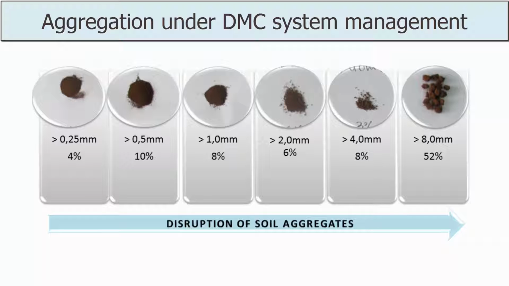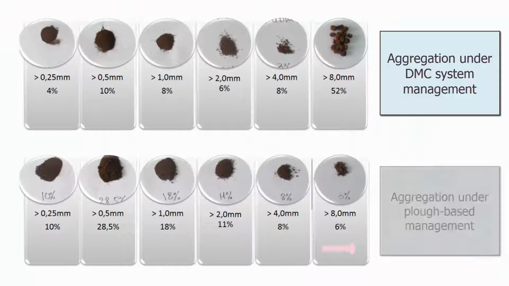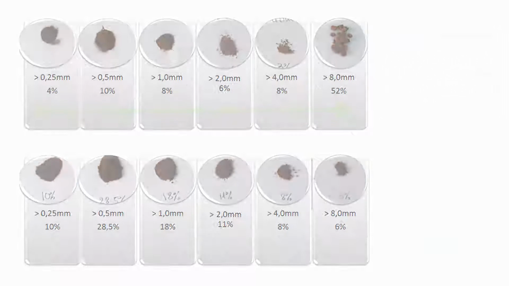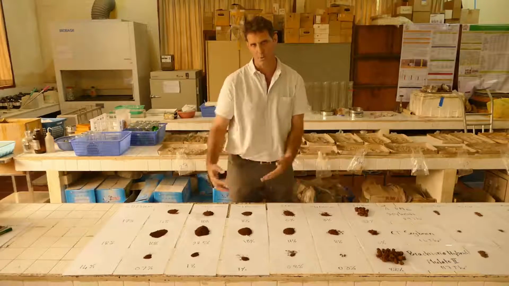Under the DMC management, we have a lot of big macro aggregate, and the proportion of the smallest macro aggregate is relatively small when we compare with the CT. And so that means that the soil aggregation is much better.